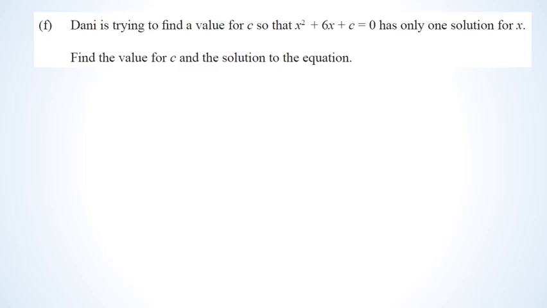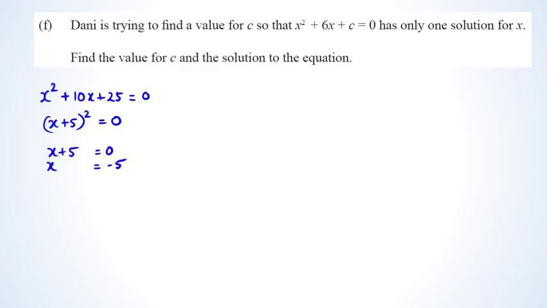For example, if I have x squared plus 10x plus 25 equals 0, when I factorize this, I get x plus 5 squared equals 0, which means x plus 5 equals 0 and x equals minus 5. So this gives me one solution.